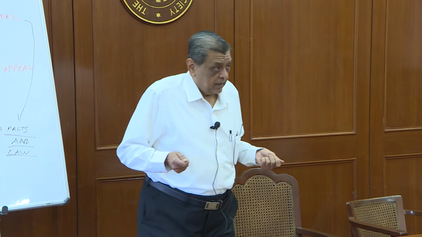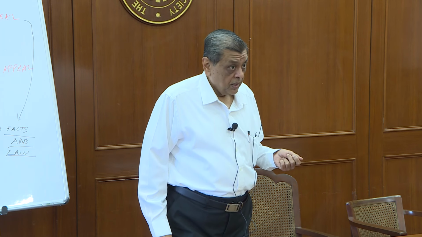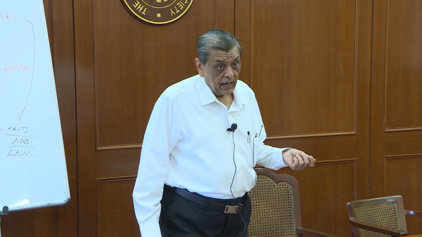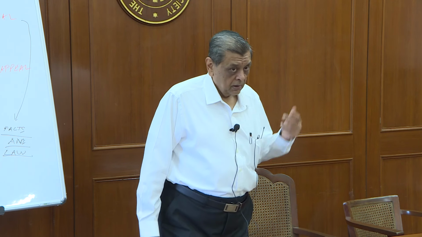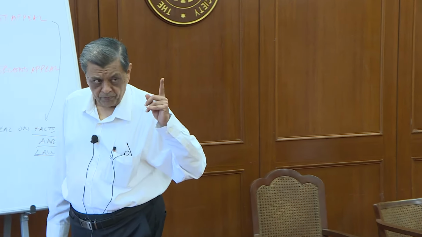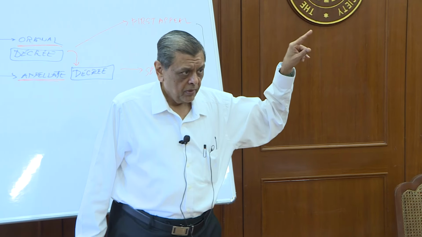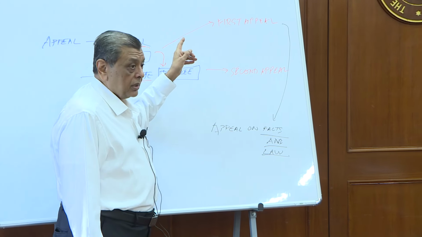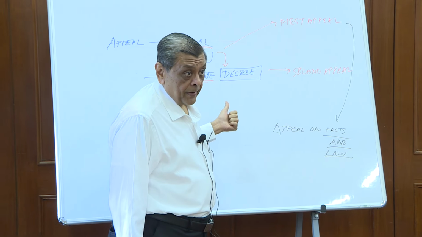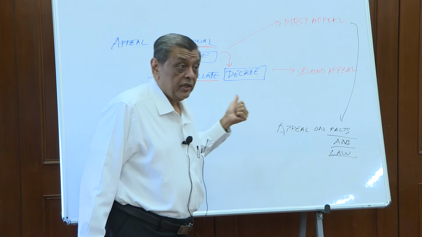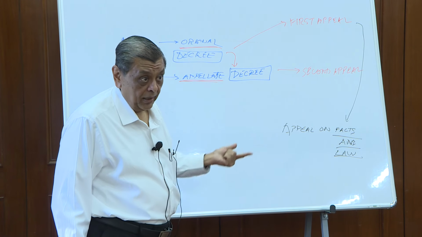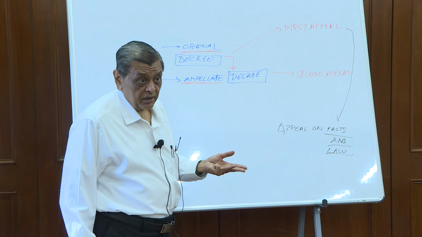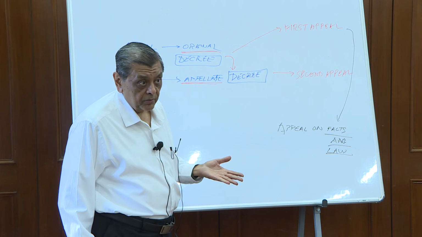You will then take the first appellate court through the evidence on those points and the law, and it is then and only then that you will look at the original decree and its supporting judgment, so that the first appellate court will decide whether it is to be upheld, modified, partly reversed, fully reversed.